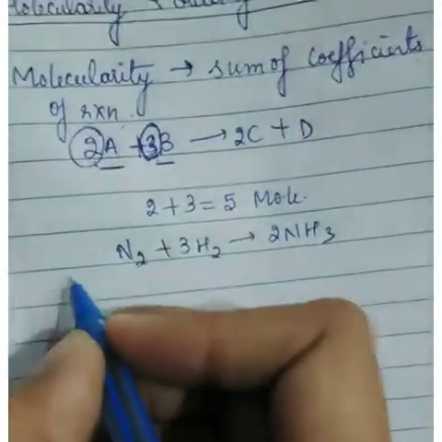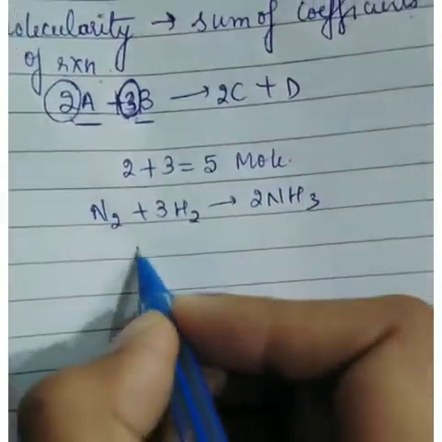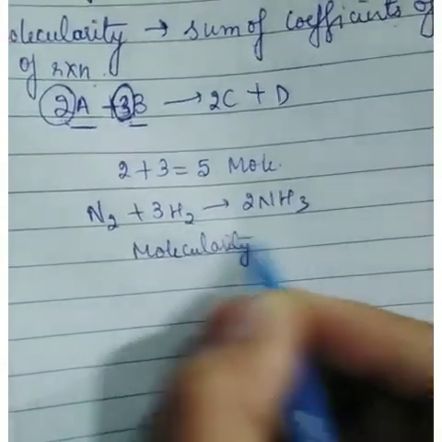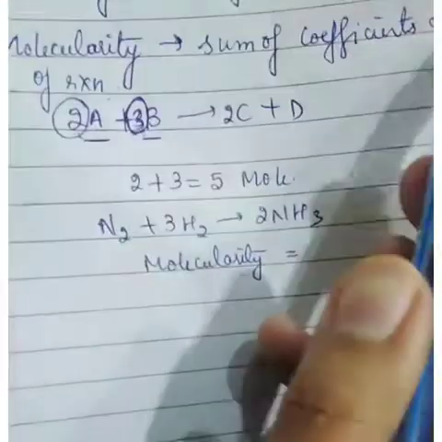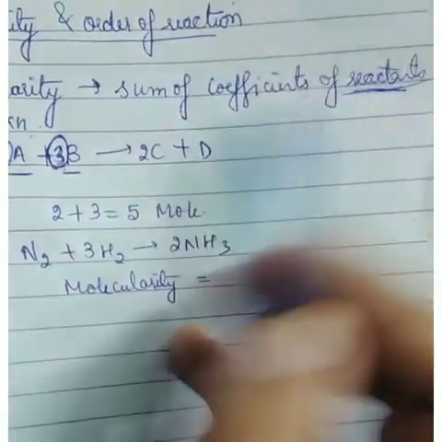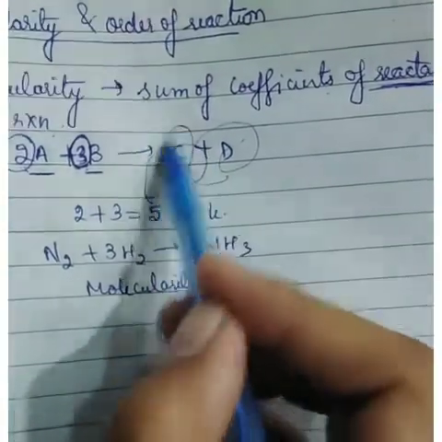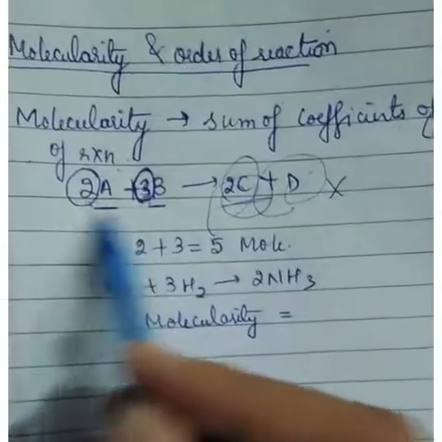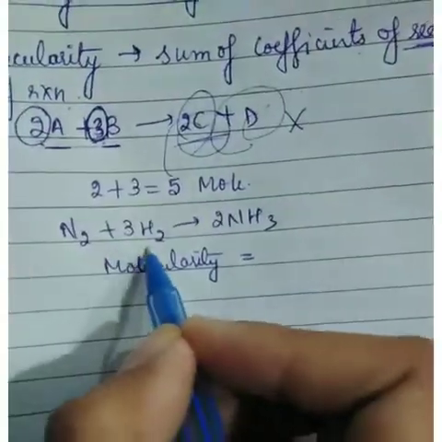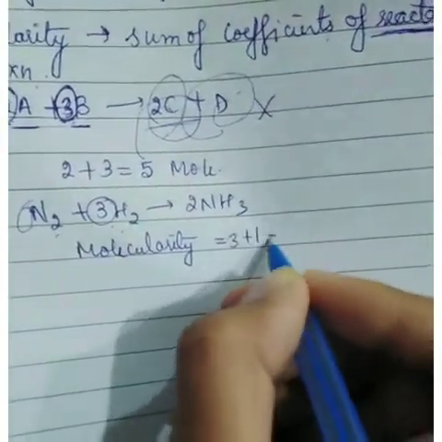This is the Haber's process. What will the molecularity be in this case? We only look at the reactants' coefficients, not the products'. We only sum the reactants' coefficients, and that is the molecularity. So in this case, it is 3 plus 1, which gives 4.